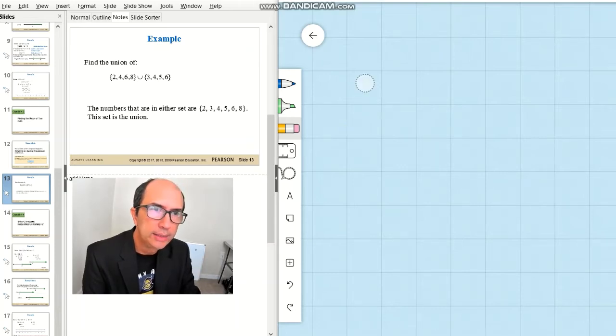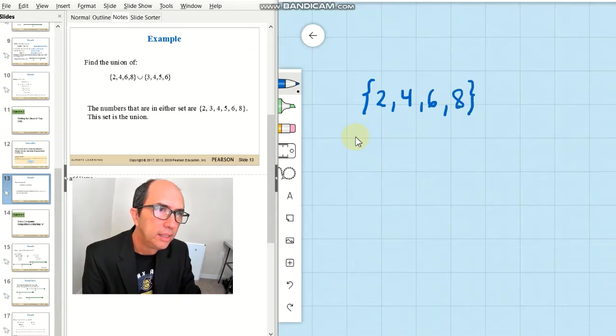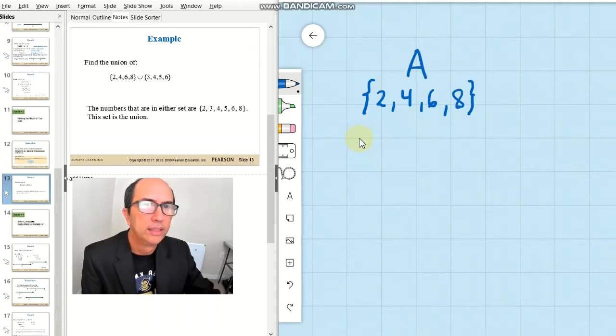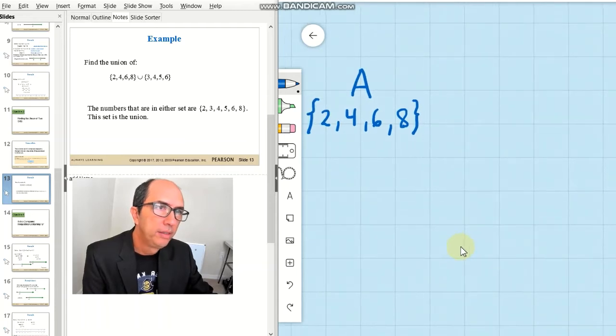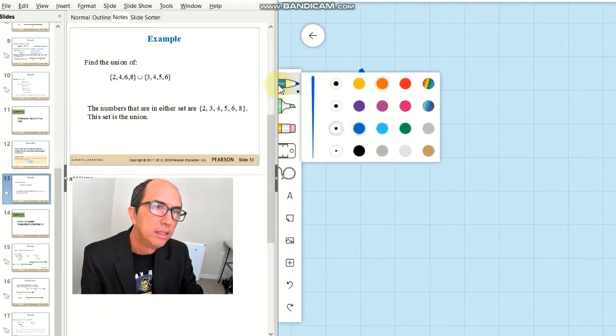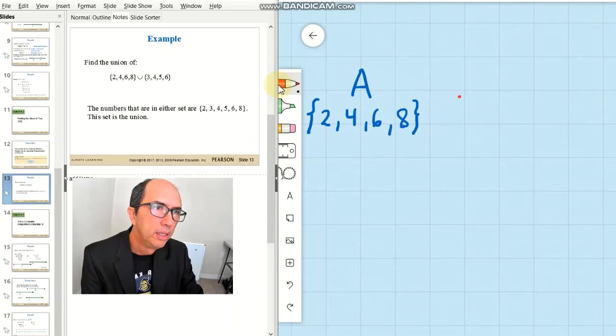Set A is 2, 4, 6, and 8. This is set A. And set B is going to be 3, 4, 5, and 6, and this is set B.